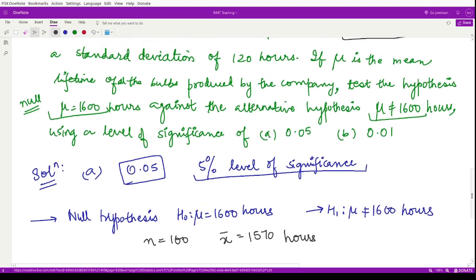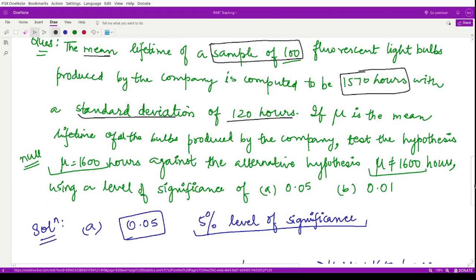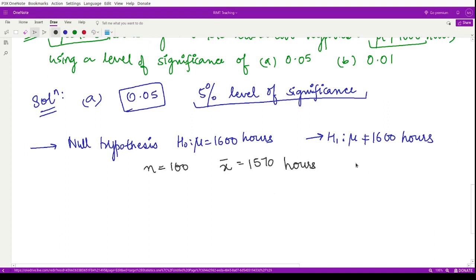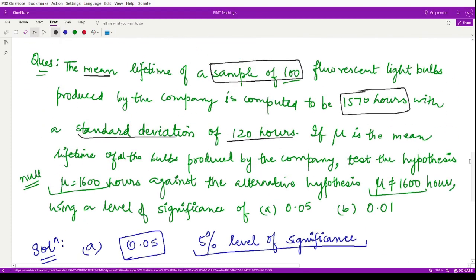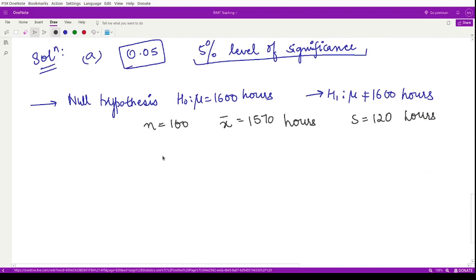And moreover, they have given you a standard deviation of 120 hours. Next, you are to check for mu equal to 1600. This is the mean for the given population, so your mu is 1600. According to this, we will calculate the test statistic.